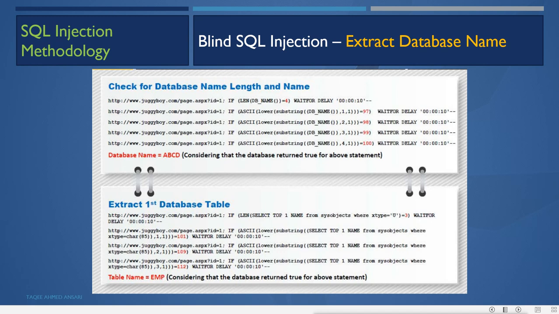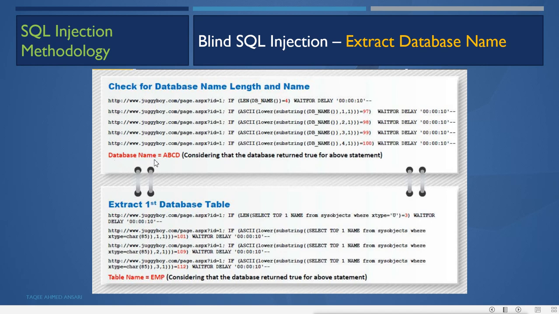Then it is going to check for the database name, length and name. And for that again it will use the same query here and add the WAITFOR DELAY. Is the length of the database name equal to 4 or not, or is the first character A, B or C, whatever.